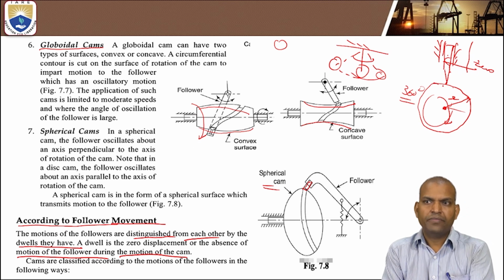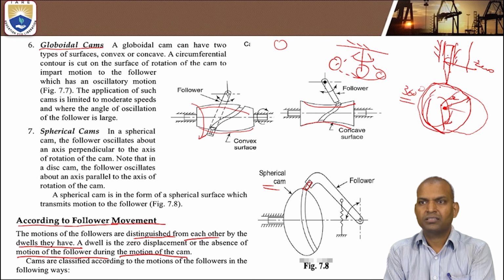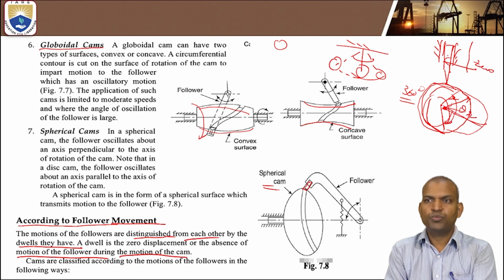Suppose the cam is changed in shape, now it is not constant radius. There are different radii, but this portion remains constant radius. But here this portion is different, theta rise. Now in these portions, what will happen?